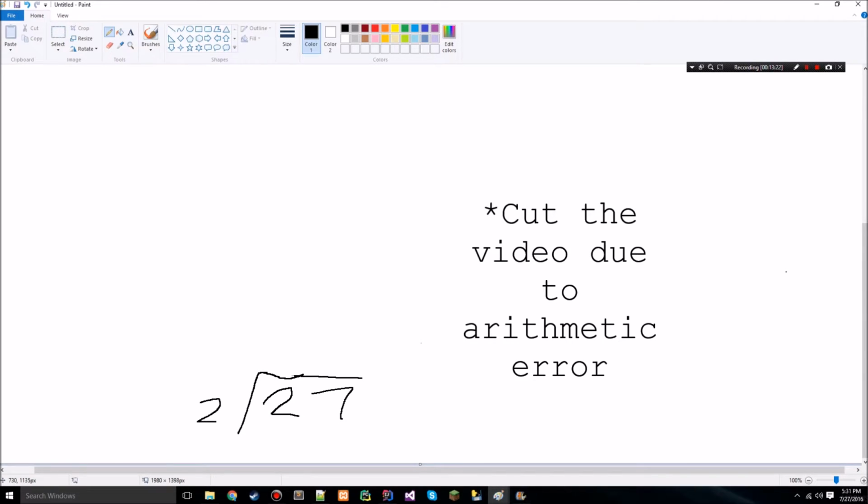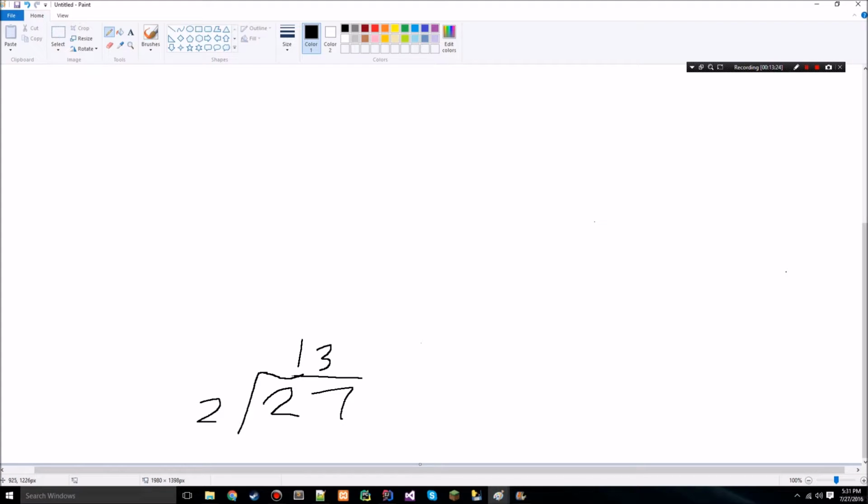27 divided by 2, we get 13, and the remainder is 1. Divide 13 by 2, we get 6, remainder 1. Divide this by 2. Alright, here we go, that's where I messed up last time. 3, remainder 0.